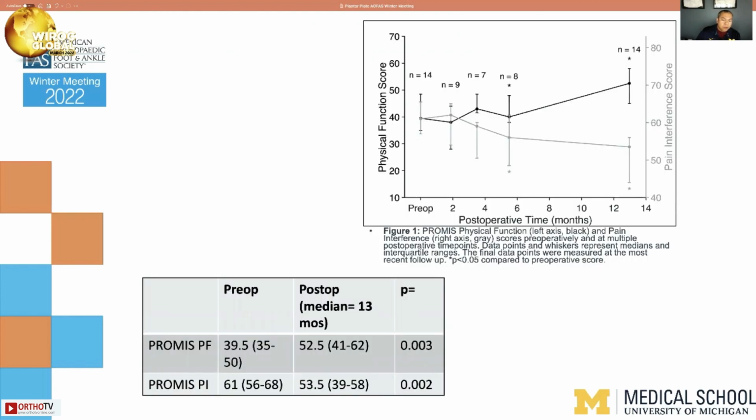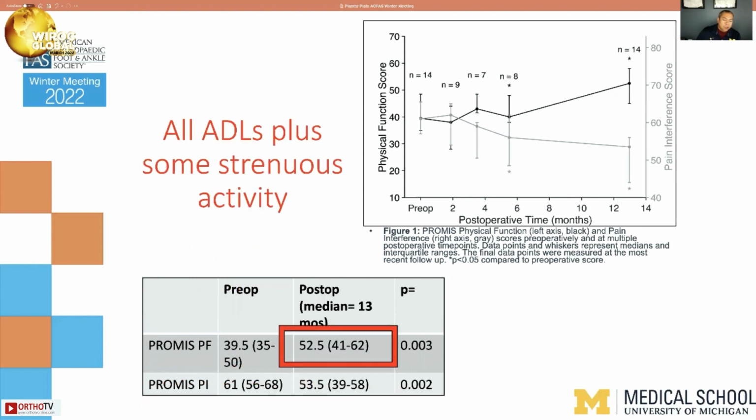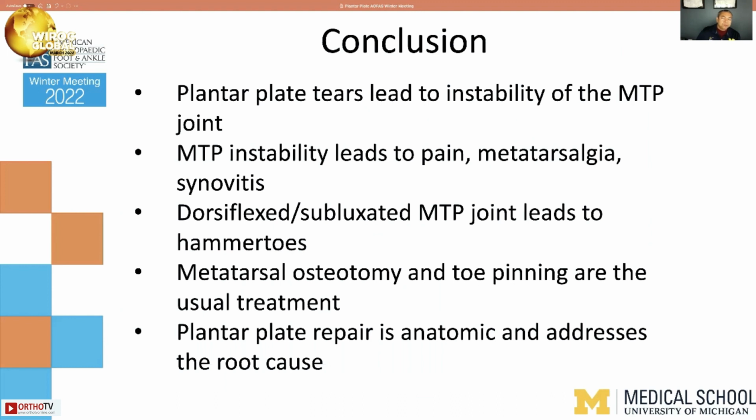So doing it with this method of repairing the plantar plate proximally to the metatarsal, our results are being prepared in a manuscript, but we did present this at the AOFAS summer meeting last year, and we found that after a median of 13 months, patients' PROMIS physical function scores are at 52.5, which is considered to be in the normal range and loosely translates to patients who can do all of their activities of daily living, plus some strenuous activities.